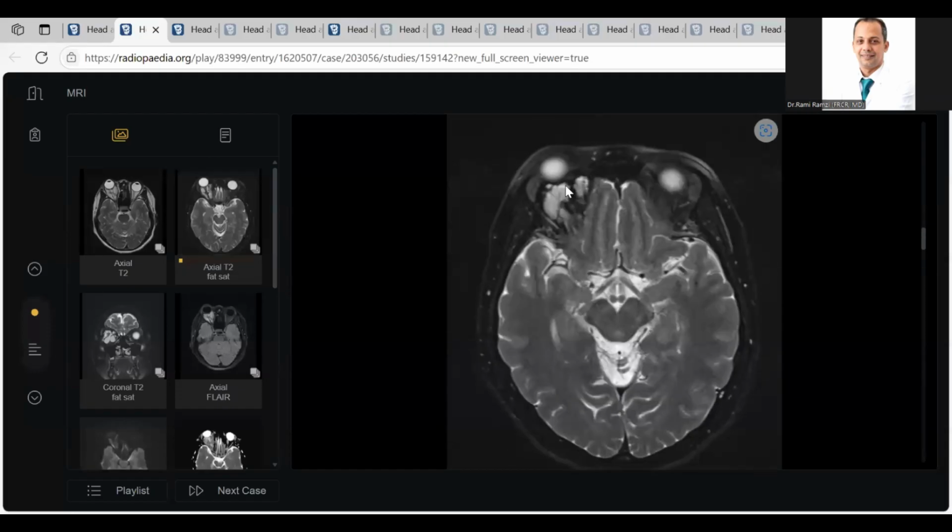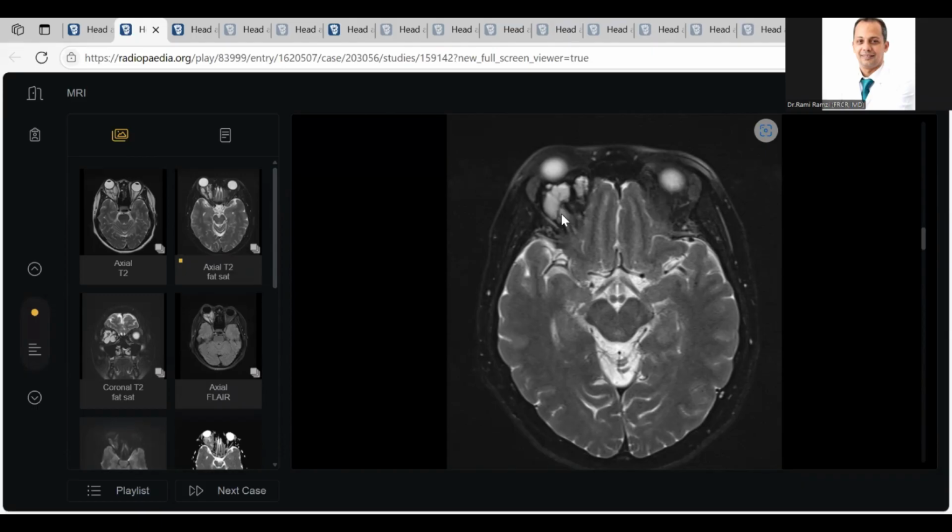In T2, there is very subtle fluid here. Very subtle, I know, but this is the question of the full mark. A fluid level confirms the diagnosis of orbital lymphatic malformation.